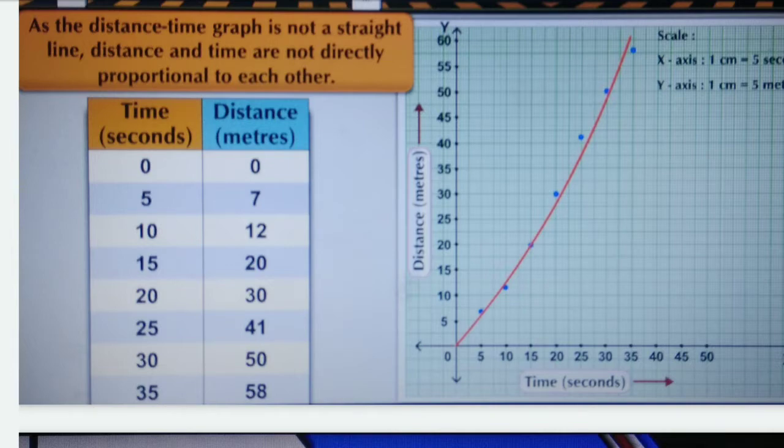Direct proportion means if the value of one term goes on increasing, the other term also has to increase. But in this example, as time goes on increasing, distance is not increasing in the same proportion. Therefore this is non-uniform motion, and therefore the graph is not a straight line graph.